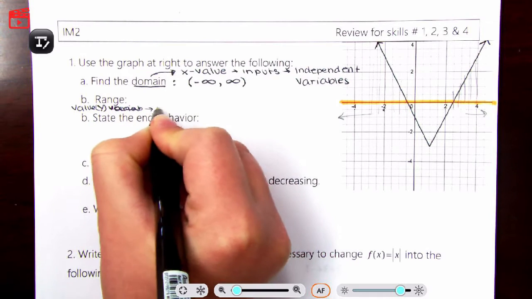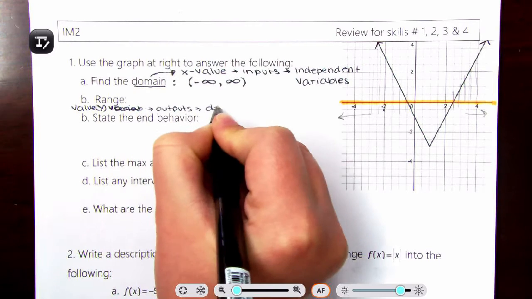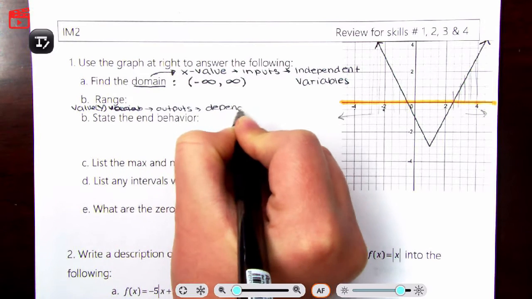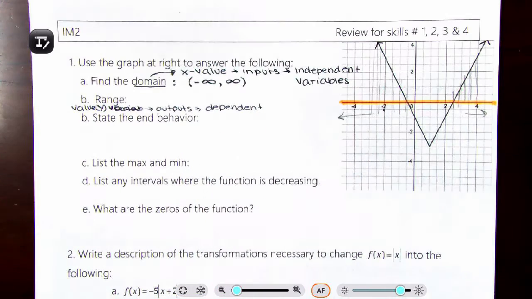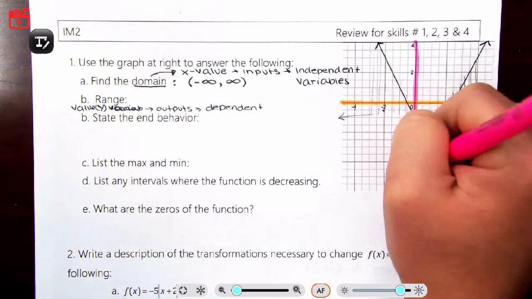They are our outputs, and they are our dependent variables. So if we had an equation, the answer y depends on what we put in for x. So y is dependent.